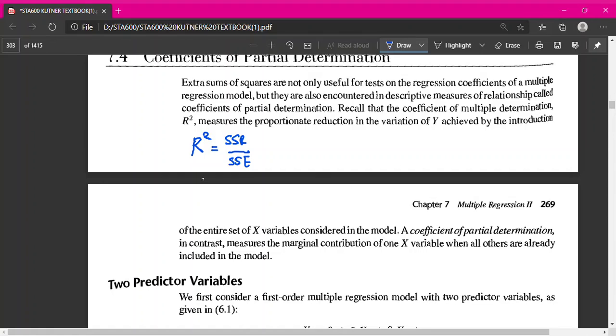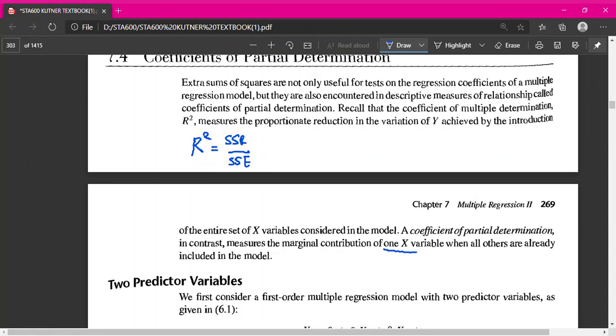Okay, so sekarang dia kata a coefficient of partial determination, in contrast, will measure the marginal contribution of one x variable when all the other variables are already included in the model.